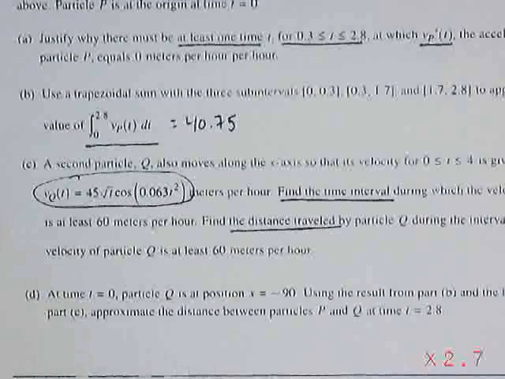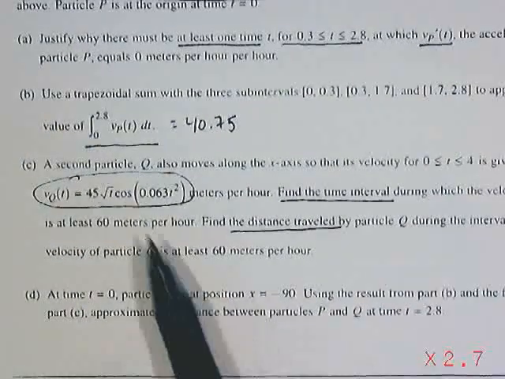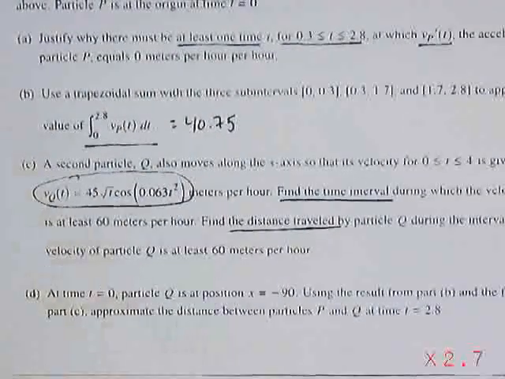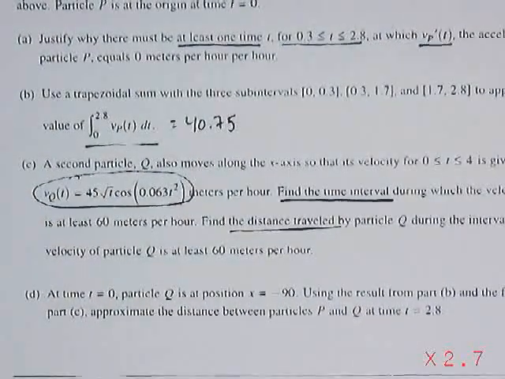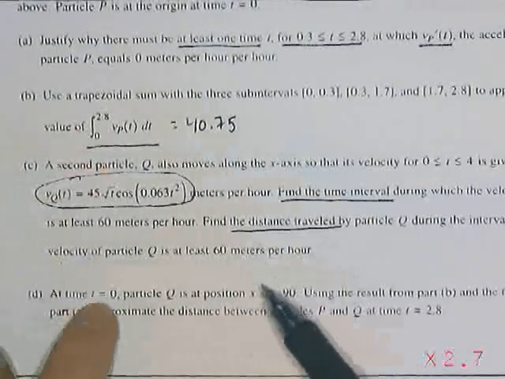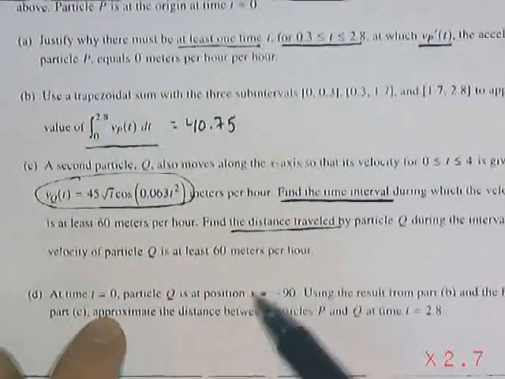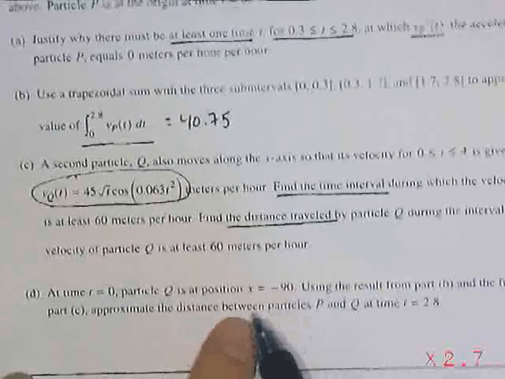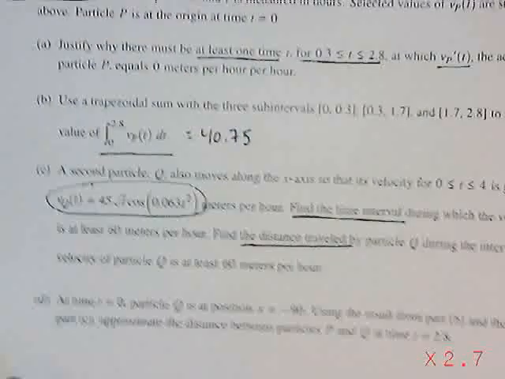There's a slight wrinkle with particle Q, because unlike particle P, its initial position is not 0. It's tempting to say we'll just do the same integral for v sub q of t, and that's our position, but it's not, because our initial position is negative 90. We will lay that all out clearly.